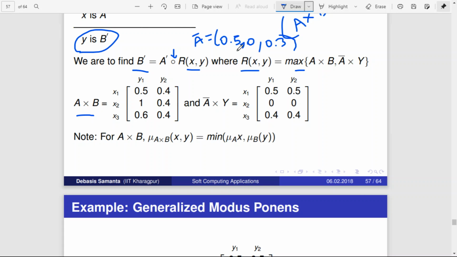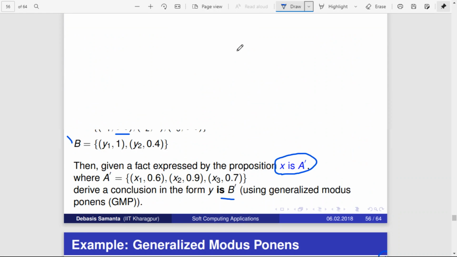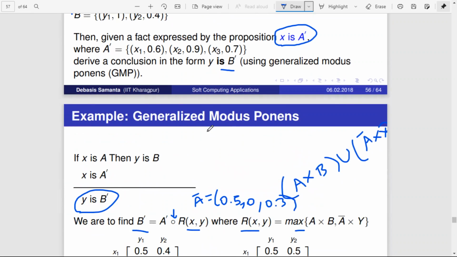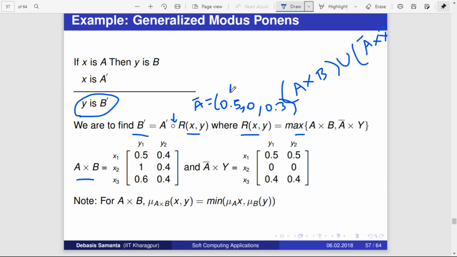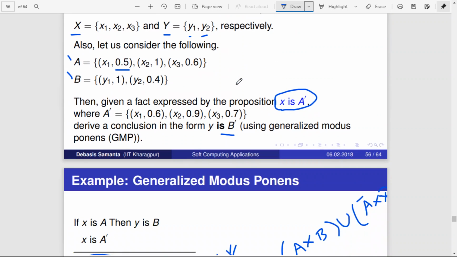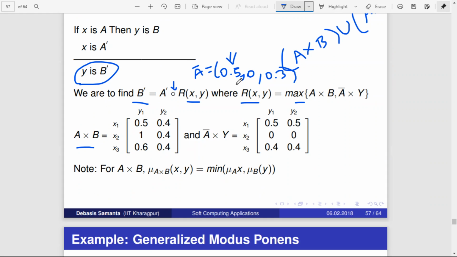So this you compare with Y. Now Y does not contain any value. In our case, Y contains some variables. So we have to consider this constant as minimum because we don't know what that value is. So 0.5 compared with y1 is 0.5. Compared with y2, it is 0.5. So it is 0.5, 0.5. Next 0, 0.